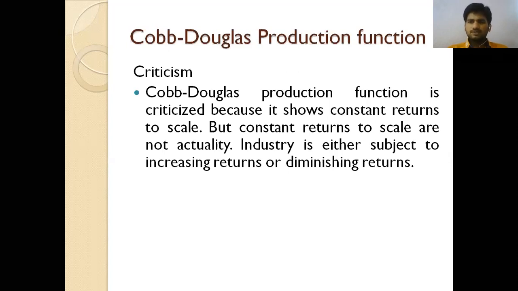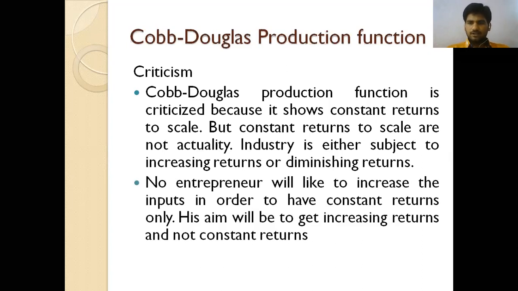So we need some changes, dimensions. We need a different type of dimensions. Sometimes it is based upon the competition. It may increase and decrease, but they don't accept this type of constant returns. This production function uses the constant returns, so that we need to criticize. That is the main thing we were discussing here.